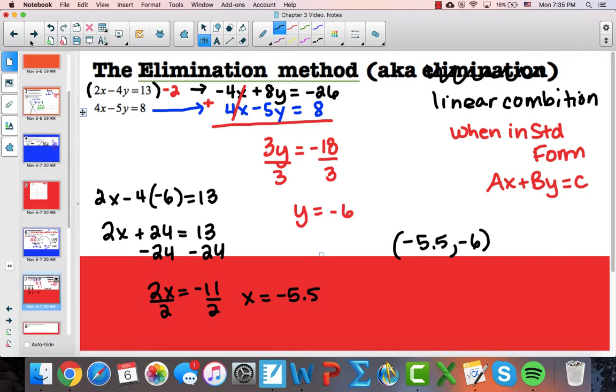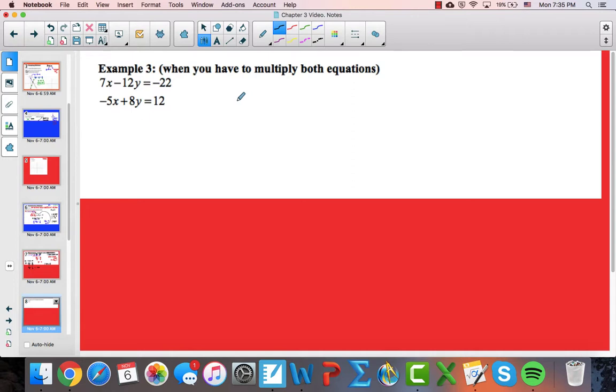All right, couple things. How can this get harder? The only way this elimination can get harder is when you actually have to multiply both equations. Now, when you do that, I tend to pick the one that's going to give me the smaller values. So for example, in this next example, I decided I was going to multiply the top one by 5 and the bottom one by 7. I'm going to change the x's to make them the same.